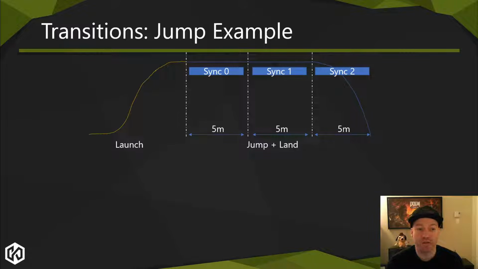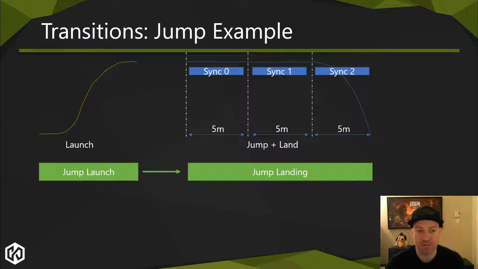So our jump animation basically has a launch, and you fly in the air and then you land 50 meters away from where you hit the apex of your launch. Now, how would we build this into the graph? Well, the first thing we would probably do is split that into two chunks. We would have the launch, and then we would have the landing.